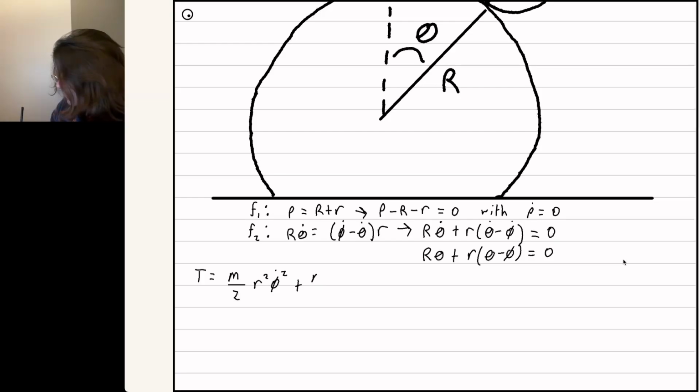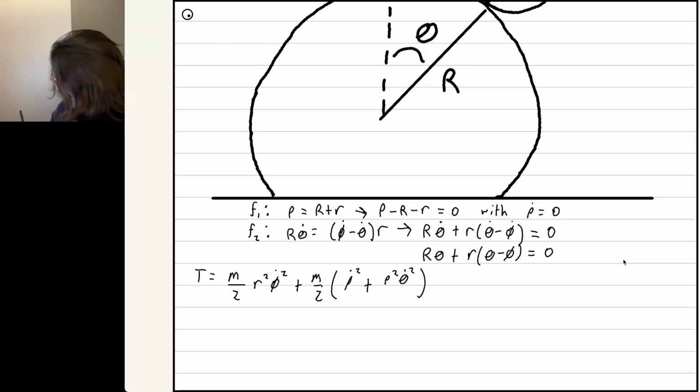There's going to be one where rho is allowed to change, so rho dot squared. There's going to be one where theta is allowed to change, so rho squared theta dot squared.